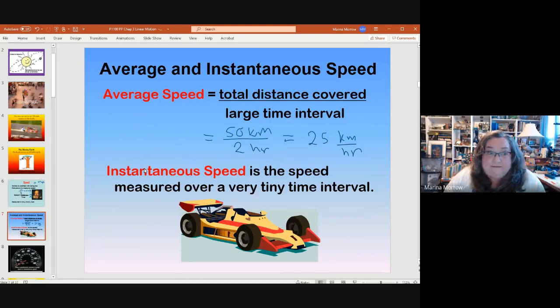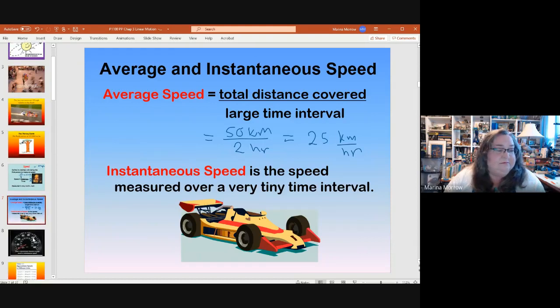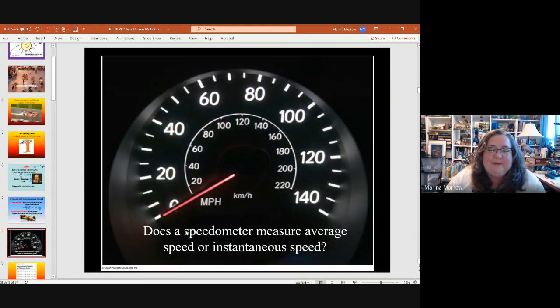If you've got a car, you may be familiar with the speedometer. Does the speedometer try to measure average speed or instantaneous speed? Well, of course, it is measuring closer to instantaneous speed. It's trying to tell you the speed right now, not your average speed over the trip.